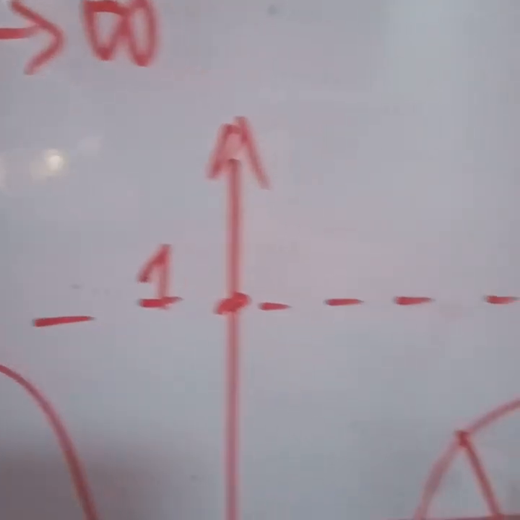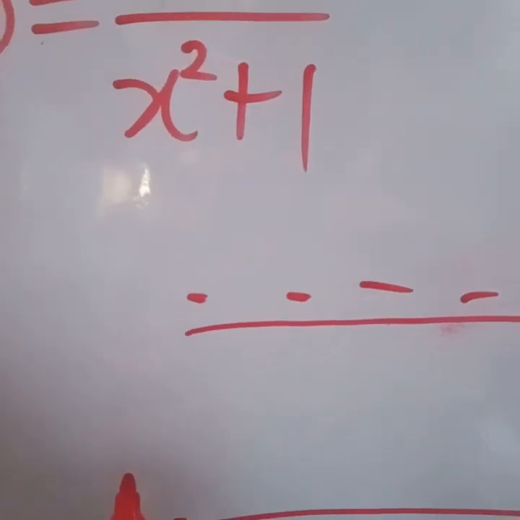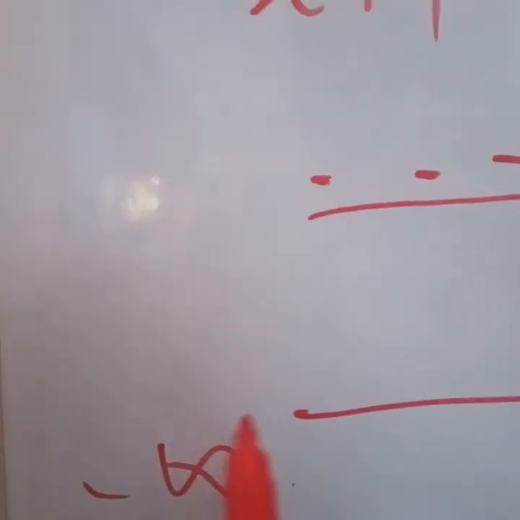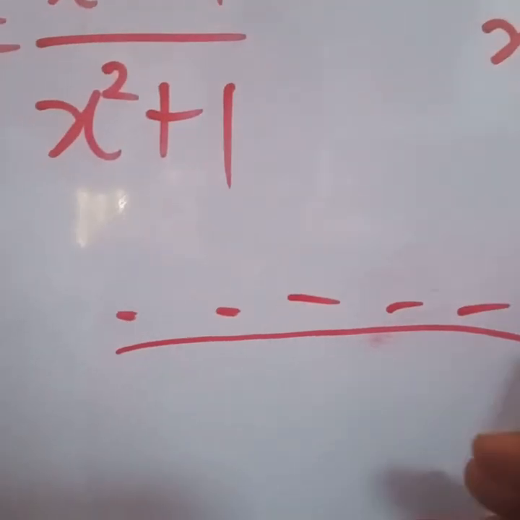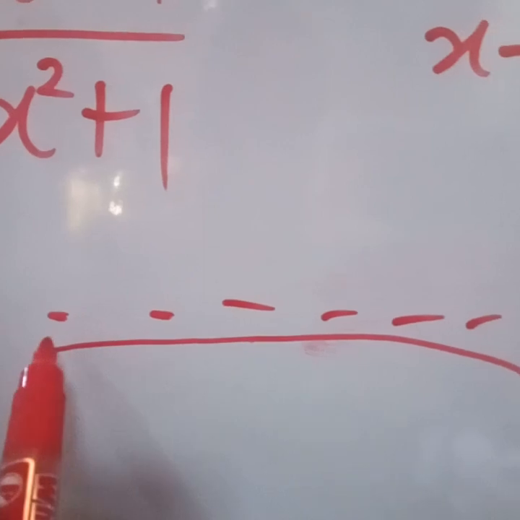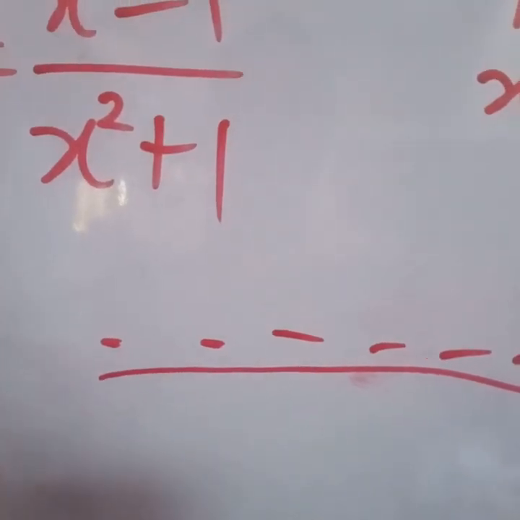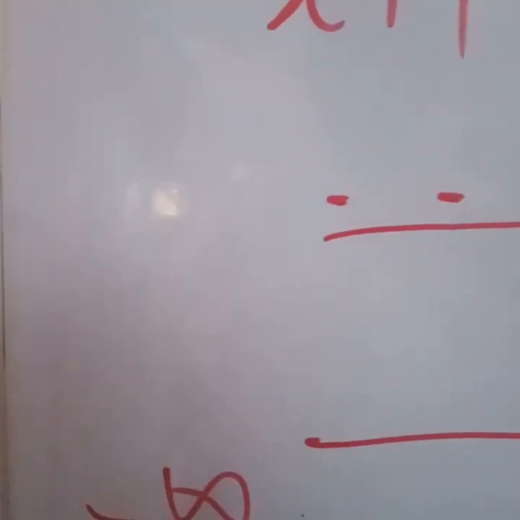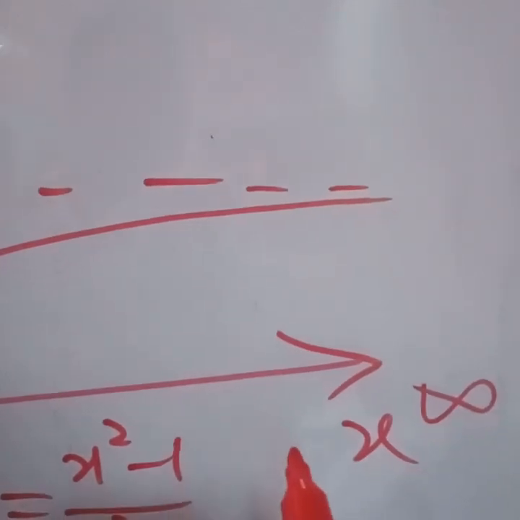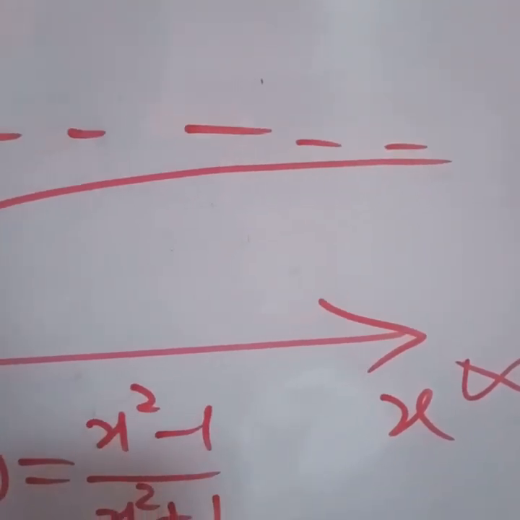It's approaching 1, as you can see, from the right and from the left. If x goes to negative infinity, we also see that the graph approaches this line of 1, and the same when x tends to positive infinity from the right.